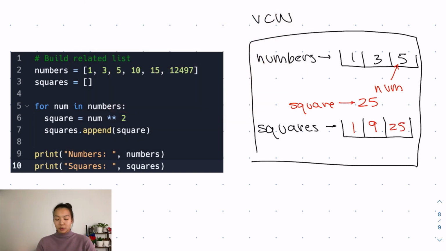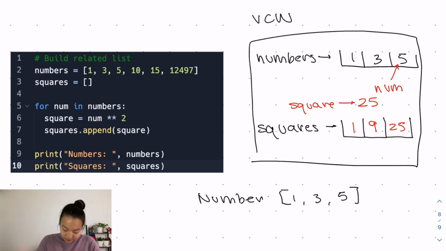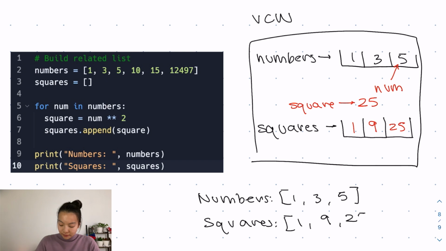At the very end, when I'm printing numbers, I get 1, 3, 5. And when I print squares, well, what is squares? It's 1, 9, 25, right? And that's right here. So that's building a related list.